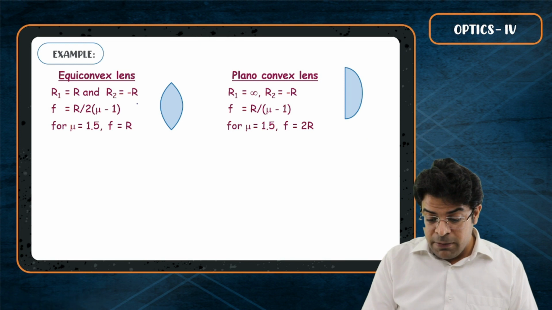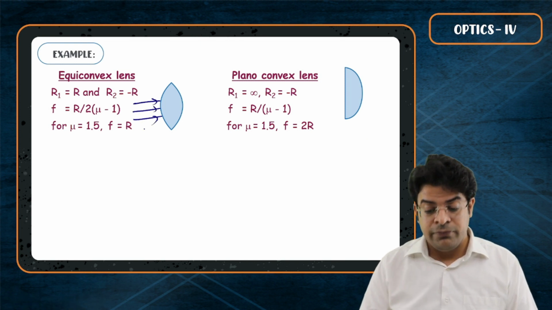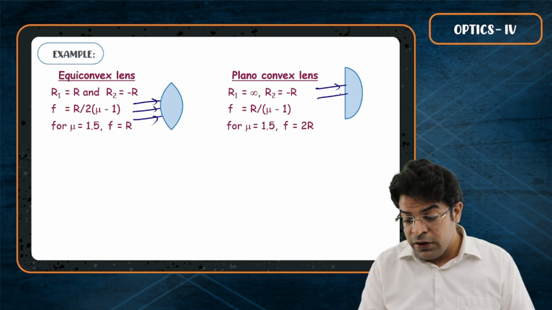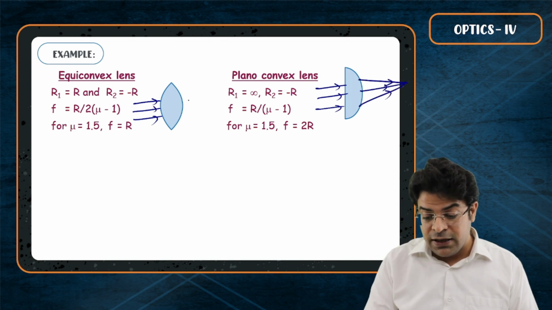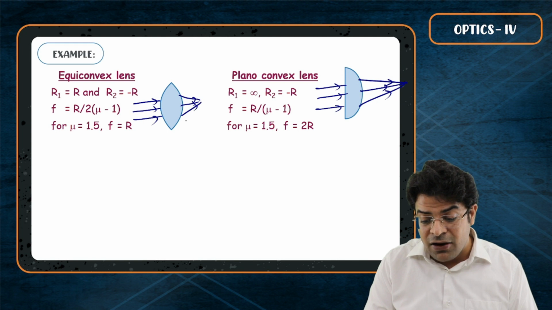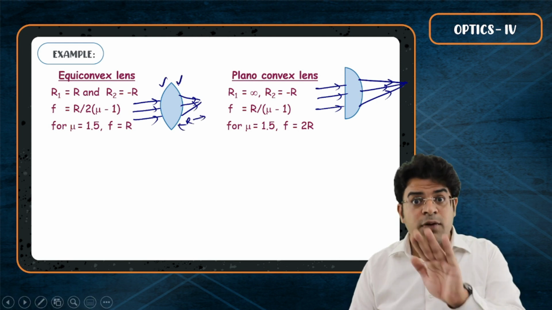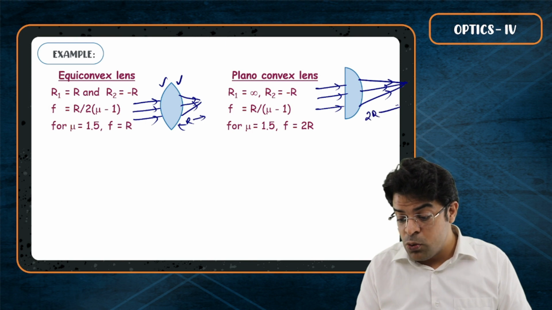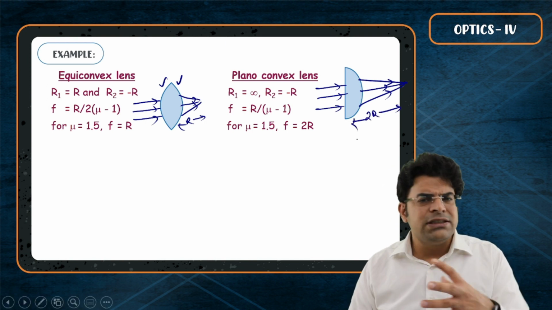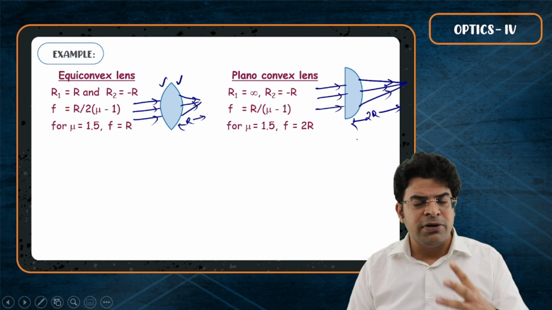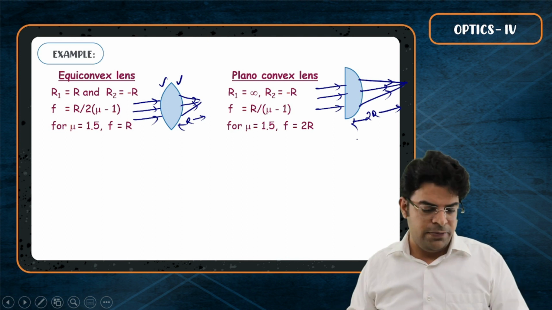That's why when parallel rays are hit, they are now getting focused at double the distance. So the rays which were getting focused at a distance r earlier, because of double convergence, are now getting focused at a distance 2r. And this is how I remember many a result, because I keep on attaching sense to it.